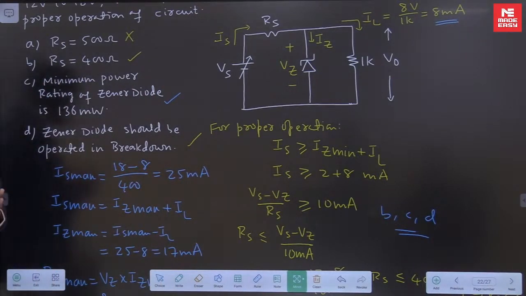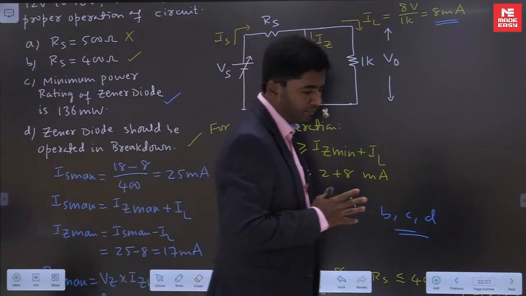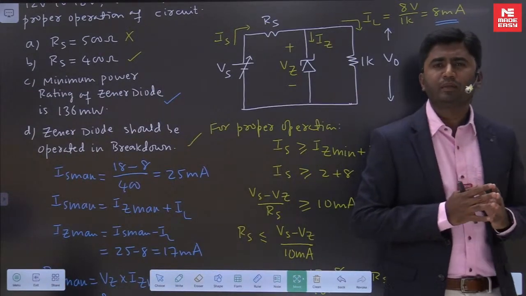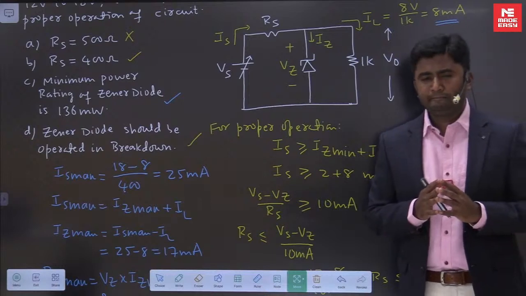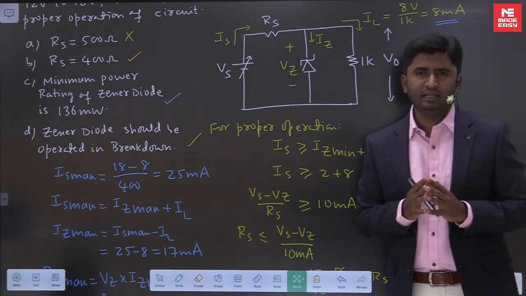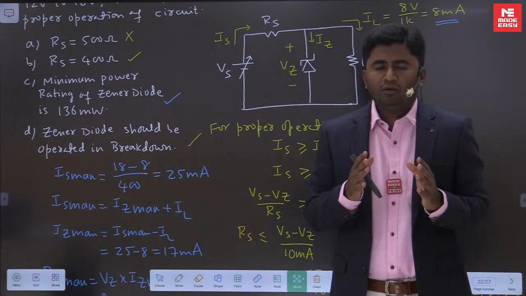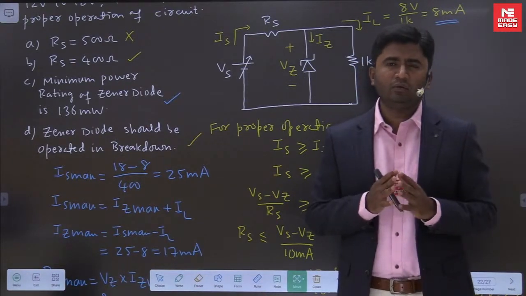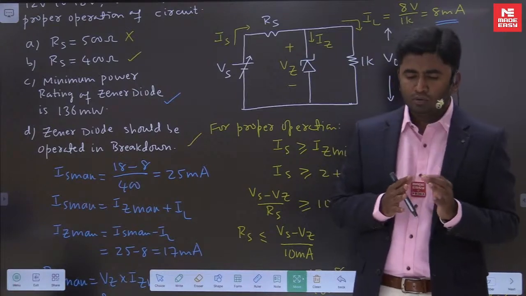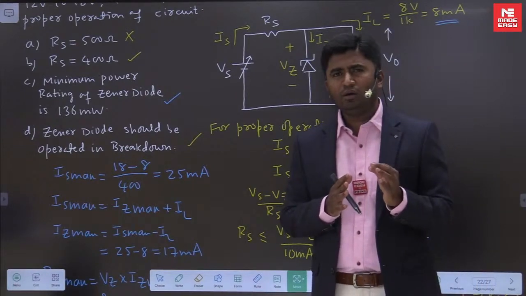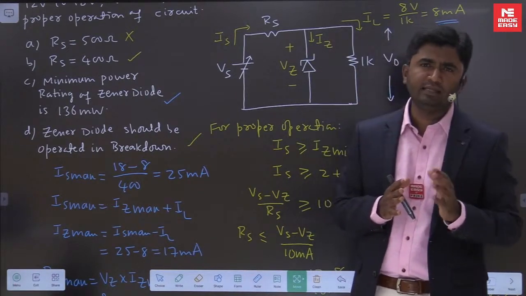So these were some important questions from analog circuits, and I will stop the session here. This session was just to give you an idea of what are the important types of questions that you can expect in the GATE. So if you are revising analog, then please follow this sequence.